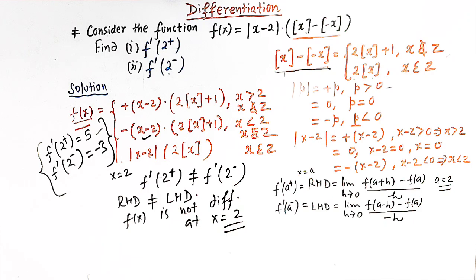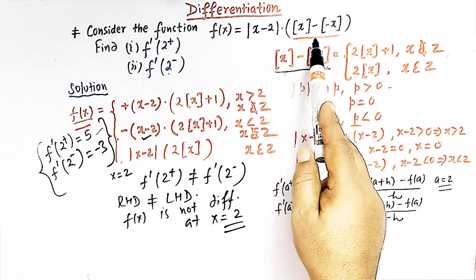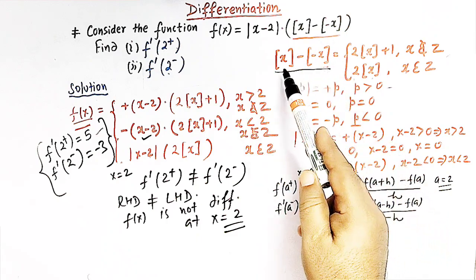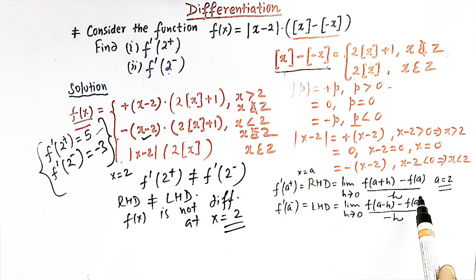So this is how, by making use of the properties of greatest integer function and the definition of greatest integer function and the mod function, and along with the definition of the right hand derivative and left hand derivative, we can solve these kinds of problems.